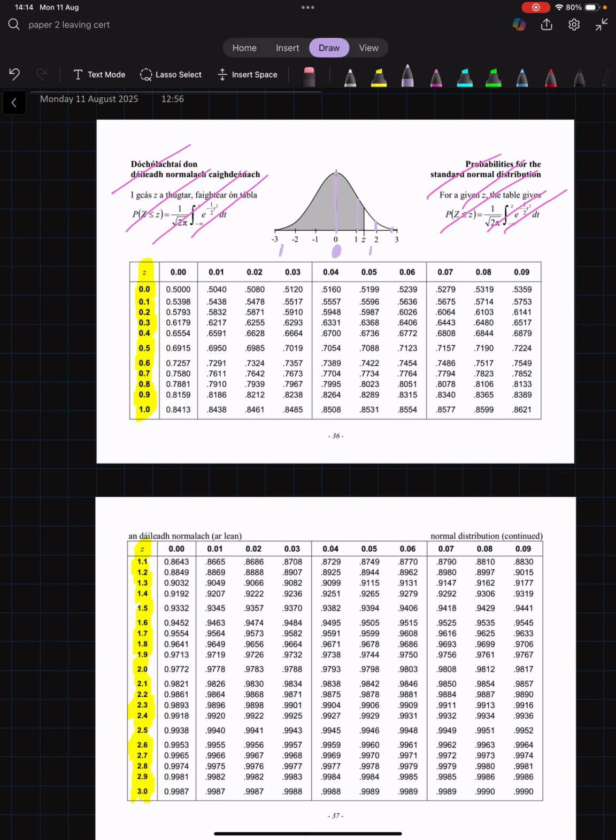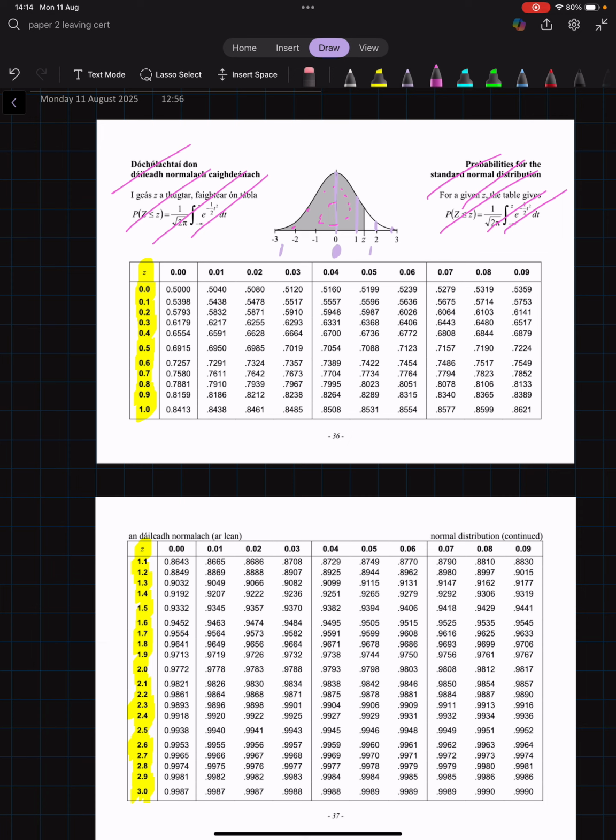A z-score basically tells you where you are in that population. A z-score of 1 over here tells you that you're in the upper half and you are taller than this many people.